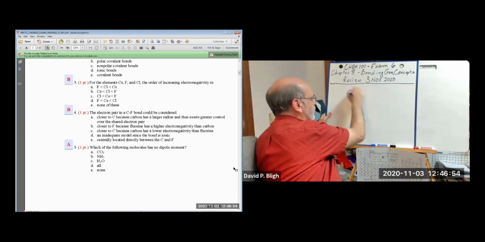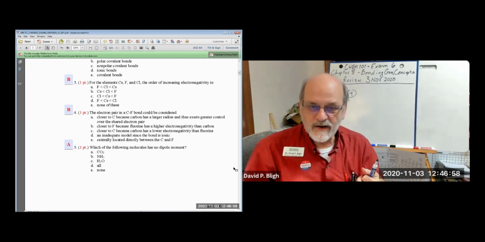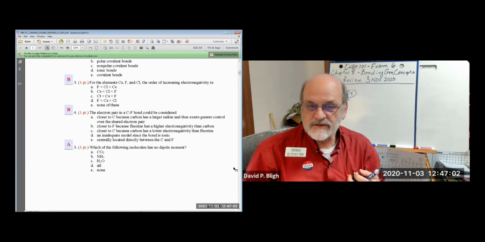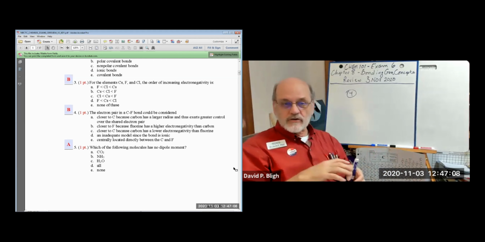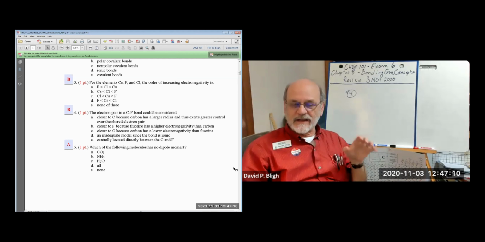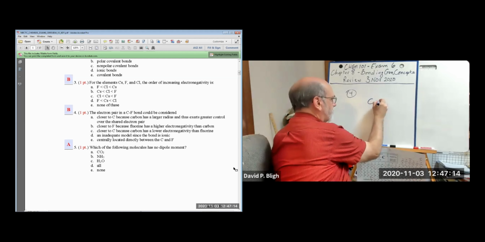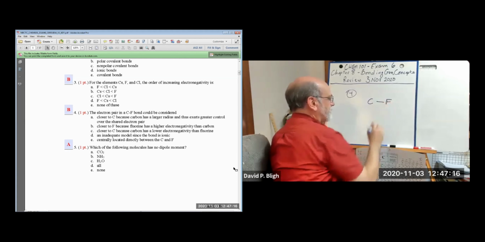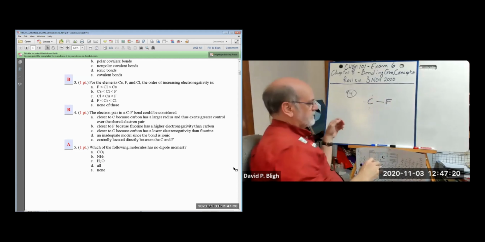Okay. Let's see what 4 has to say. The electron pair in a carbon-fluorine bond could be considered, okay, what choices do we have? Choice A says the electron pair in that bond could be bound, and probably is, to some other things.